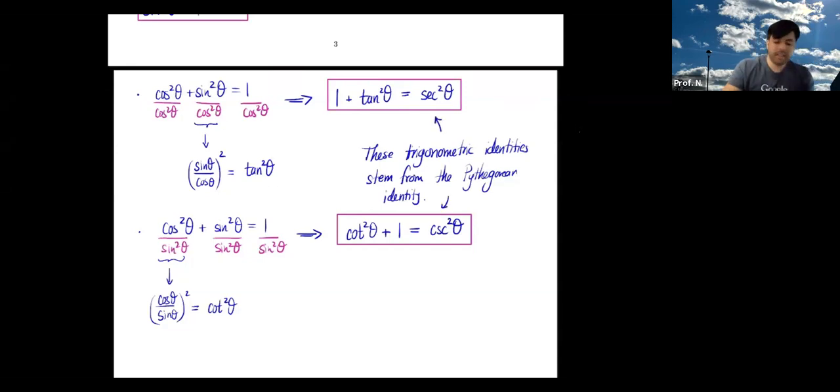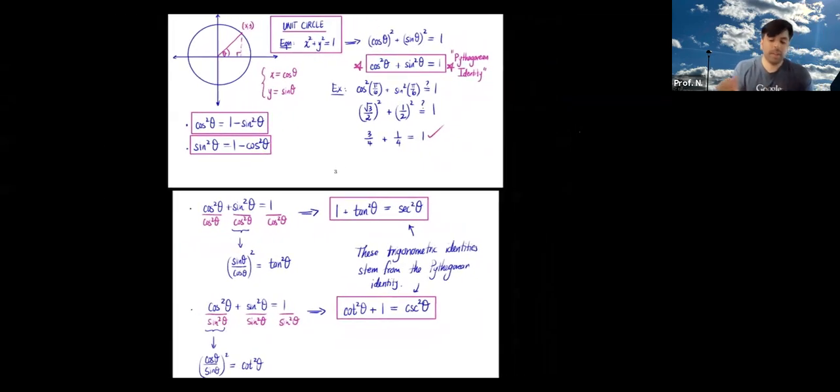Okay, so in a sense, if you know cosine squared theta plus sine squared theta equals 1, you should know the rest of these, because they come right from it.